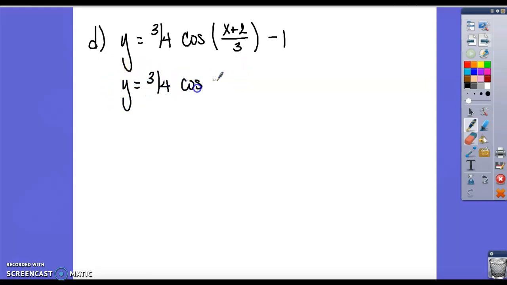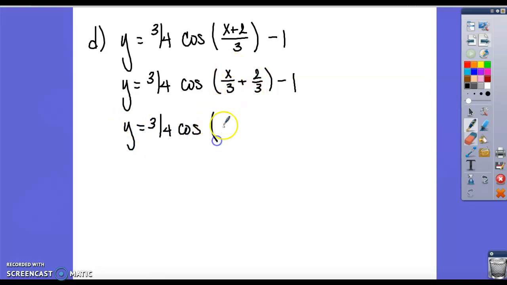The first thing I'm going to do here is separate out these fractions. x plus 2 over 3 is the same thing as x over 3 plus 2 over 3, and x over 3 is the same thing as 1/3 x plus 2/3.